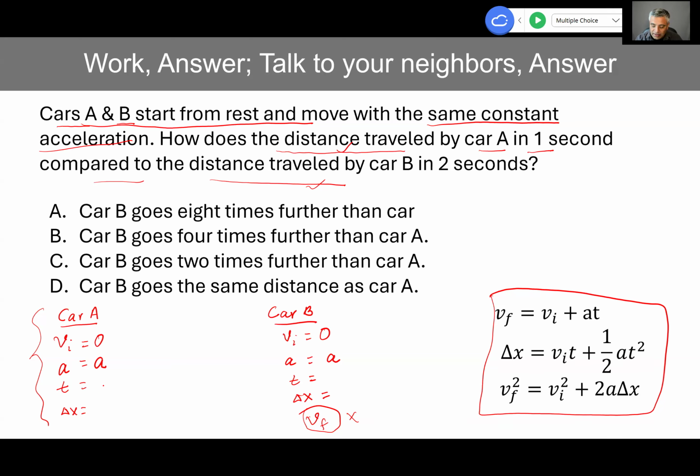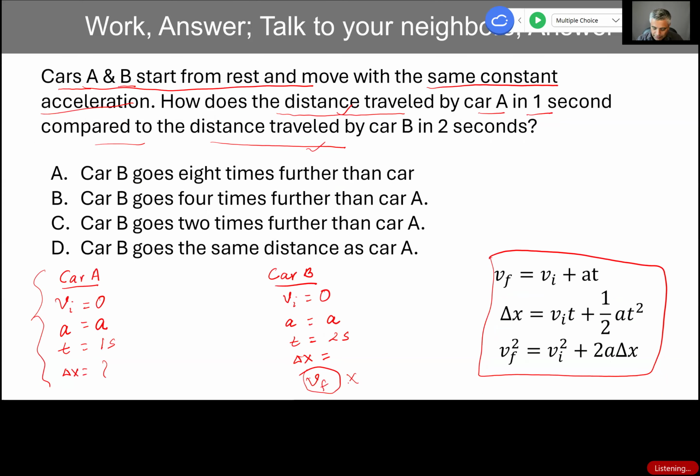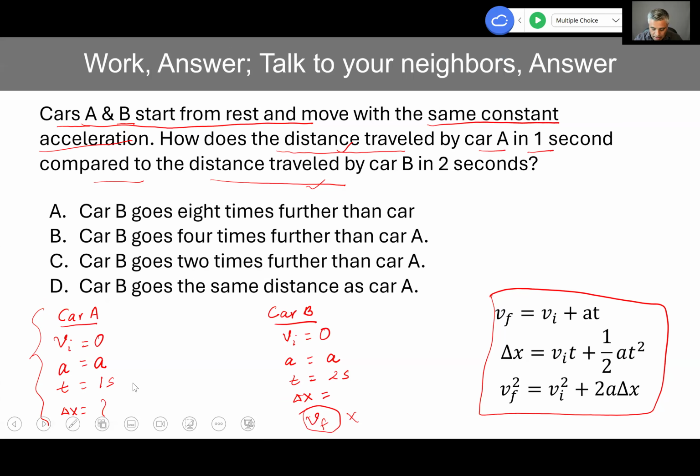And then there is time interval. So for car A, 1 second, and for car B it is 2 seconds, right? And for both cars, we want to know the displacement.